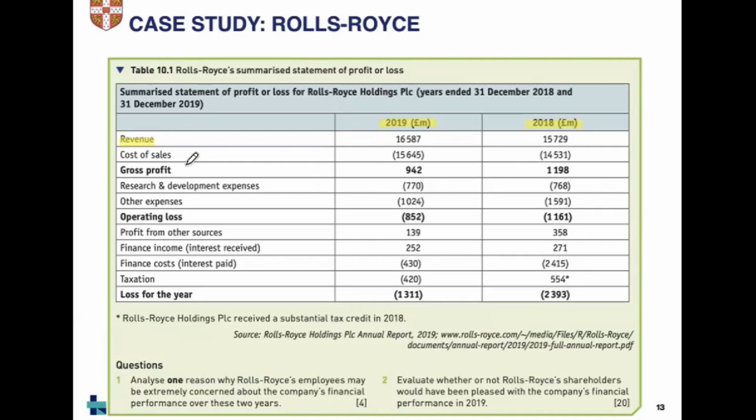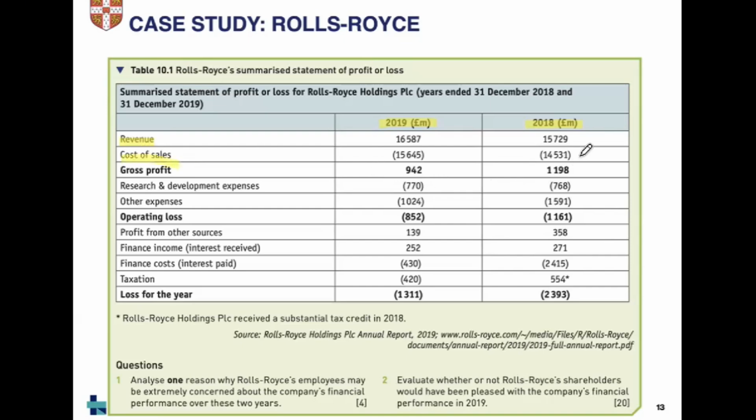So the engineers who assemble the engines, who design the engines, etc., will also be part of the cost of sales. So the cost of the materials in making the engines, the cost of the wages paid to the engineers who manufacture and design these engines, and other direct costs will form the cost of sales.